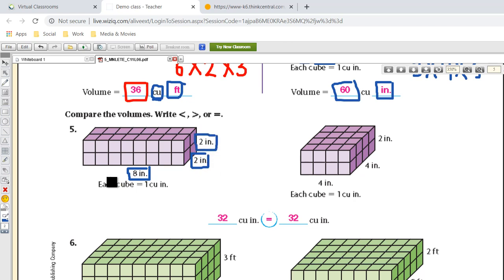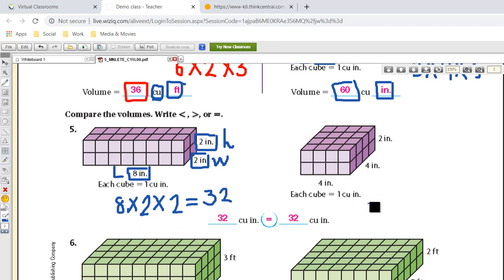So we have length, width, height. So we are going to multiply them together to get the volume of this one. So 8 multiplied by 2 multiplied by 2. So it will be 32.